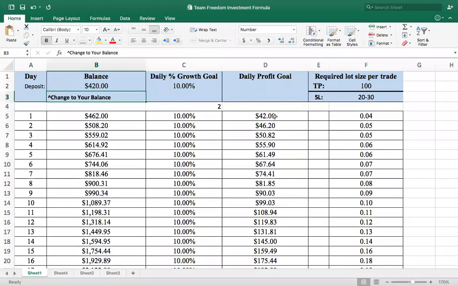But basically, this is what I want to say. No one should be placing any trades without coming into this sheet and figuring out what is the appropriate lot size according to your balance and according to how much growth you want to make for that day in terms of percentage. No one.